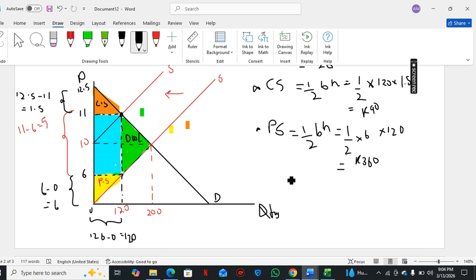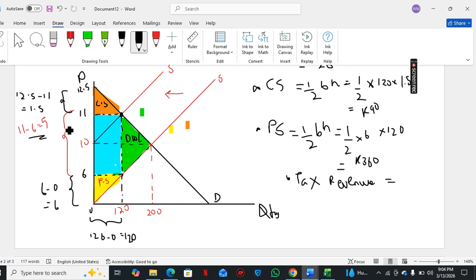So the tax revenue that is received by government, tax revenue, you get the area of this blue box here. Okay, the tax revenue. Okay, so remember area of the rectangle b times h, right? So we already have our h, our height. We said 11 minus 6 gives you 5 kwacha, which is the tax that has been implemented.